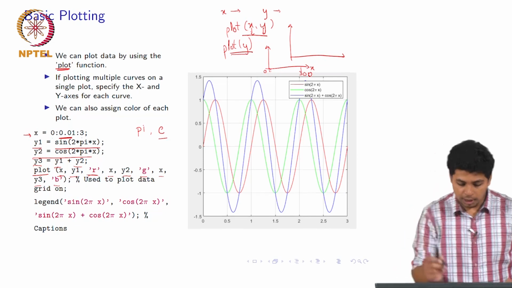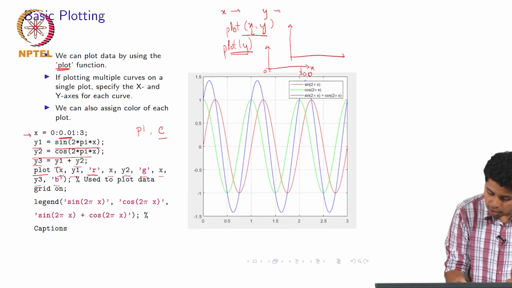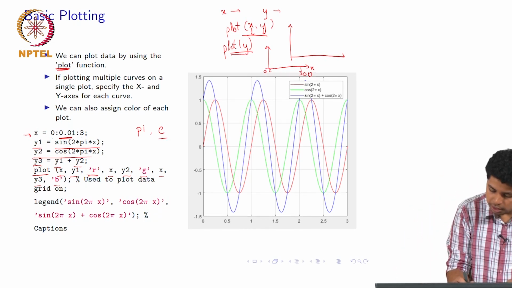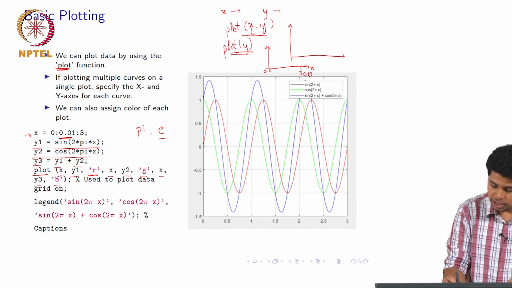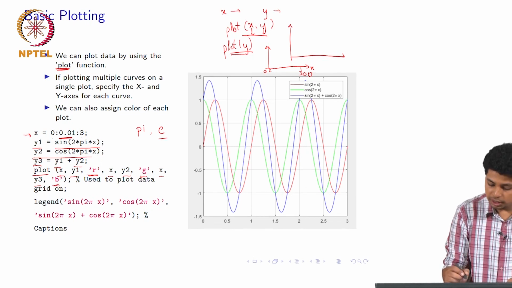Now you will also notice in this code that I have put certain other letters in these inverted commas, like r, g and b. What this means is, I can plot individual data in different colors.